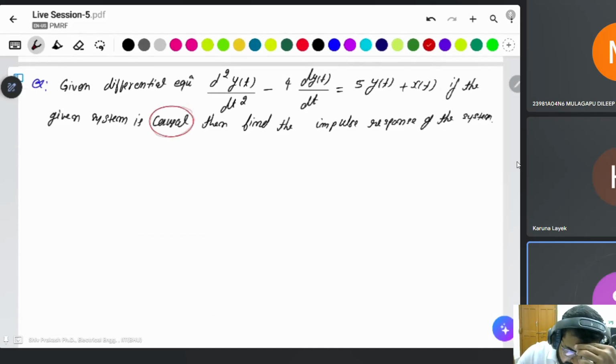It means you have to take about that. And second one is an impulse response is there.